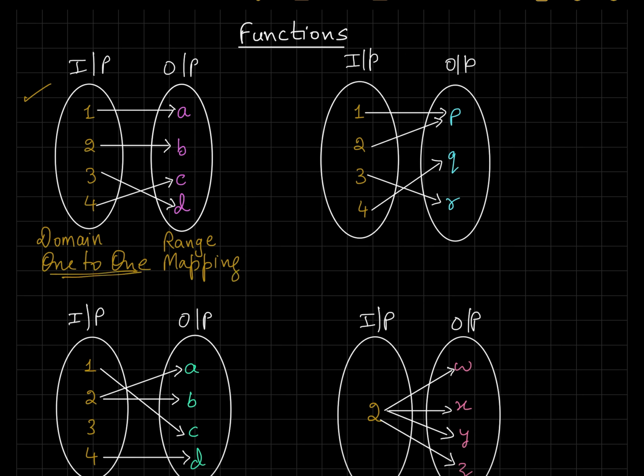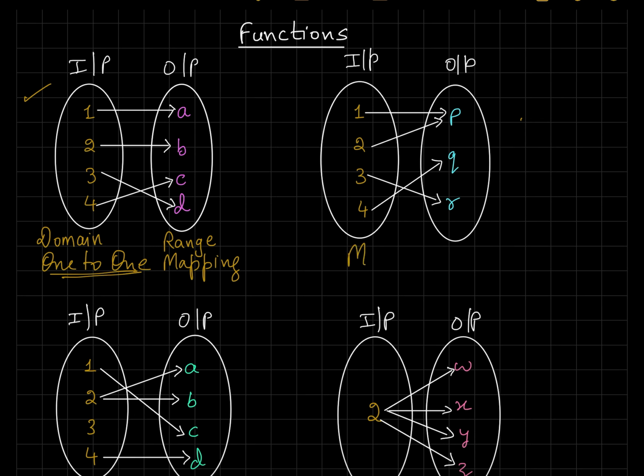Now in this case, if you give 1 as the input, then p is the output. If you give 2 as the input, there is also p as the output. Many inputs can give the same output. And 3 is giving you r, 4 is giving you q.